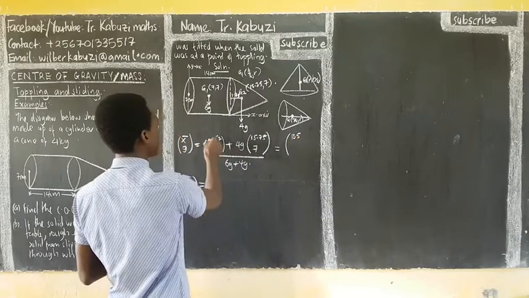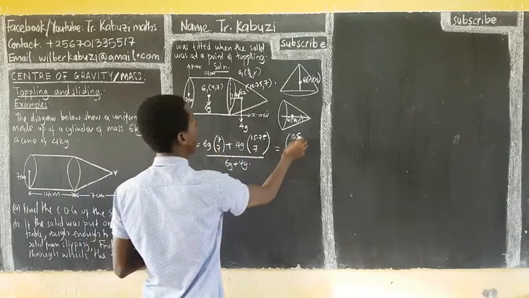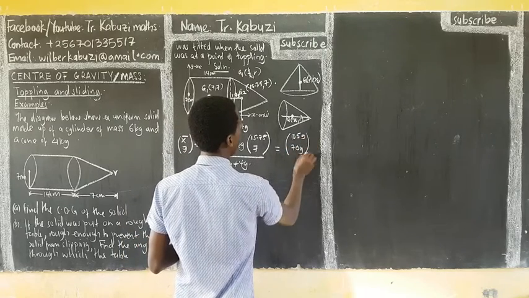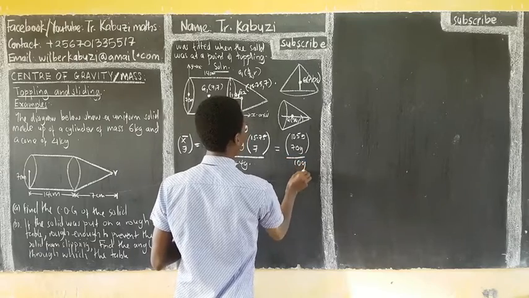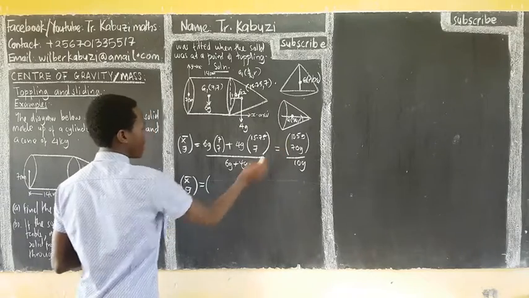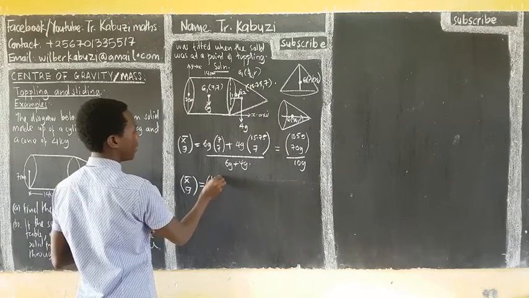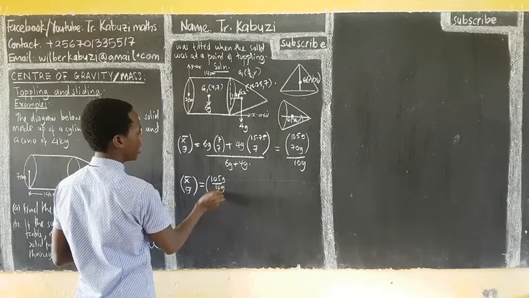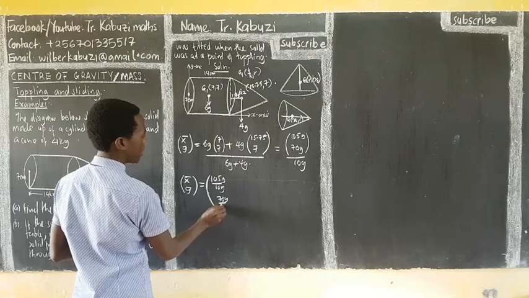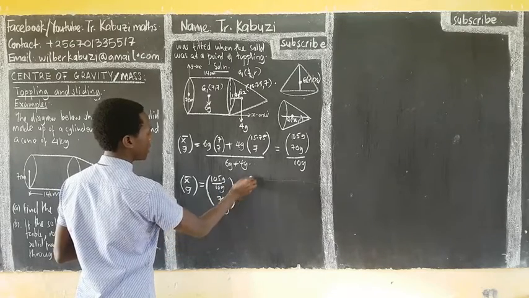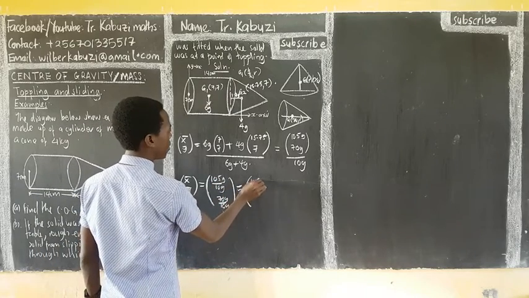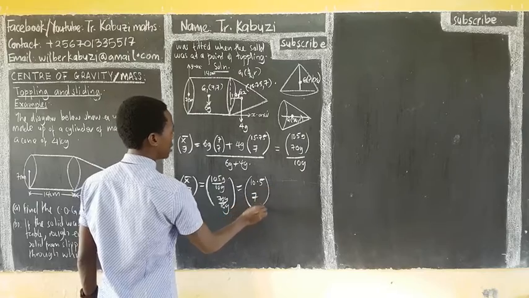Of course, G is common, so we divide it through by this G. Then down, I'm getting 70D, and I'm dividing by 10D. So we get 105D divided by 10D, then 70D divided by 10D. This gives 10.5, then this would be 7.